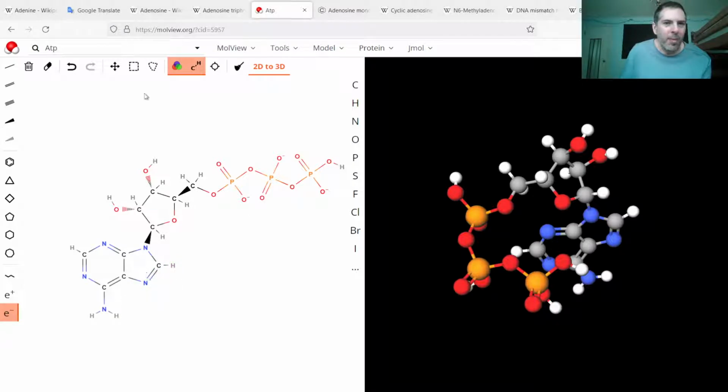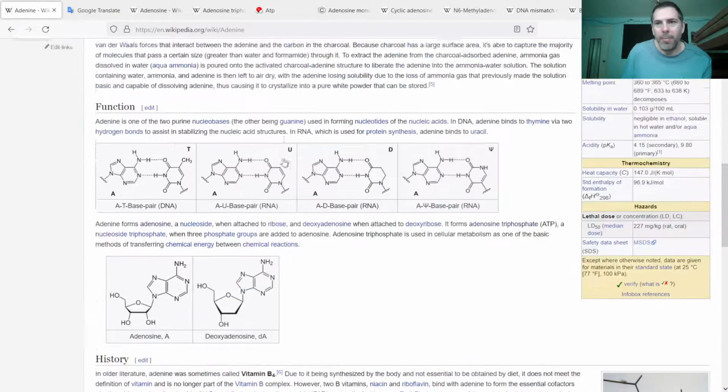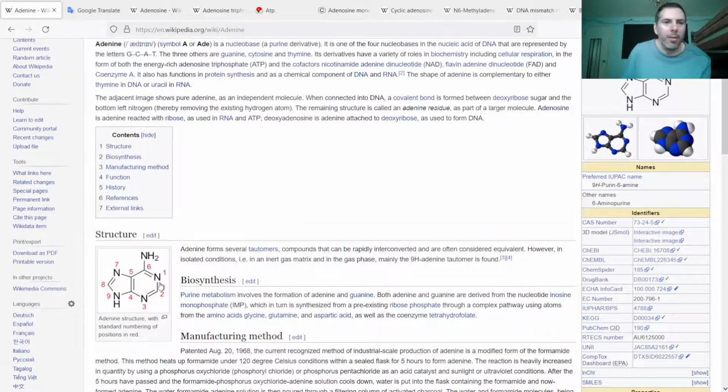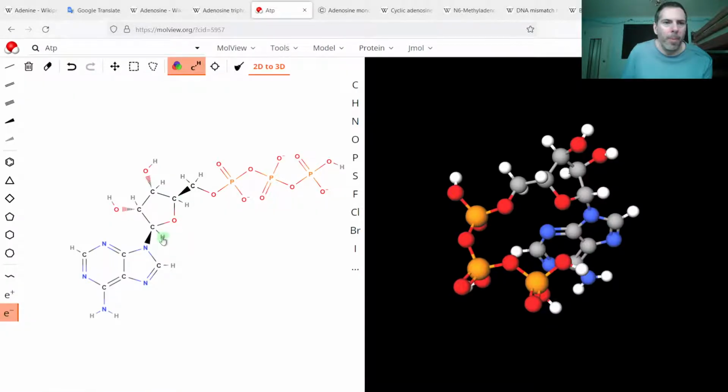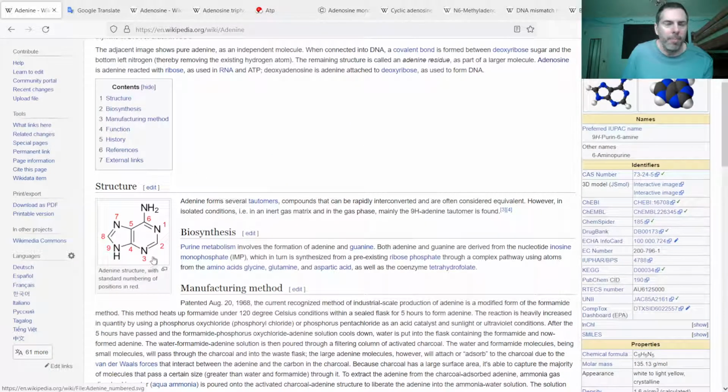And then the base numbering, I'm not sure if it's important, but the number 9 node here is what attaches to the ribose. So this is number 9. And then number 1 and 6 are where the hydrogen bonds are going to be formed.